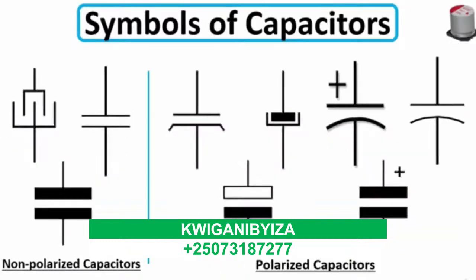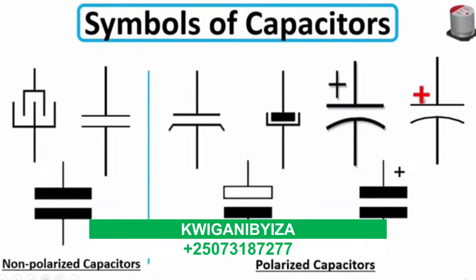So now let's see the symbols of capacitors. Basically there are two types of symbols: symbols for polarized capacitors and non-polarized capacitors. Here, this is a symbol for a polarized capacitor, an electrolytic capacitor.